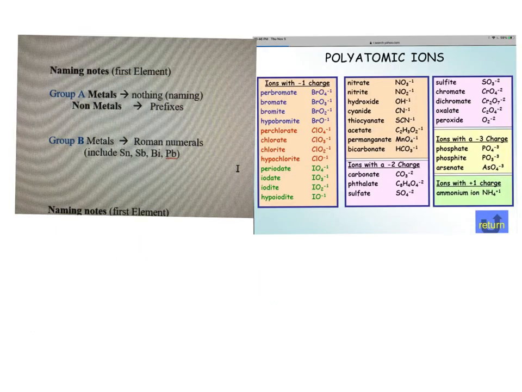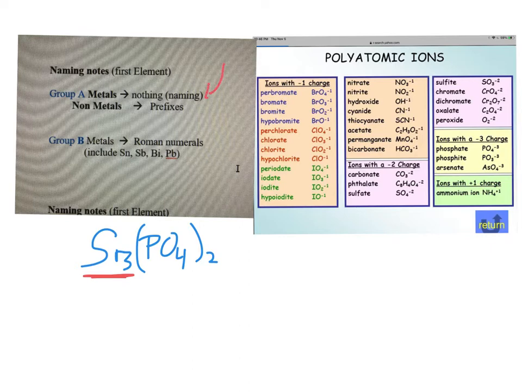Now let's use something that has a polyatomic ion. For example, let's use strontium phosphate. Strontium, this first element, is a group A metal, so you just name it.